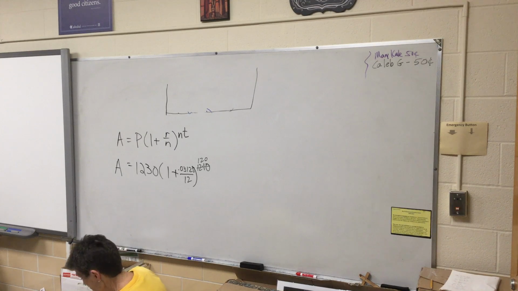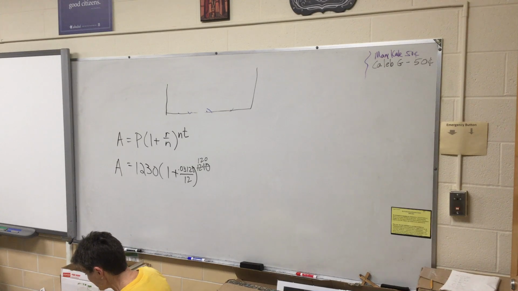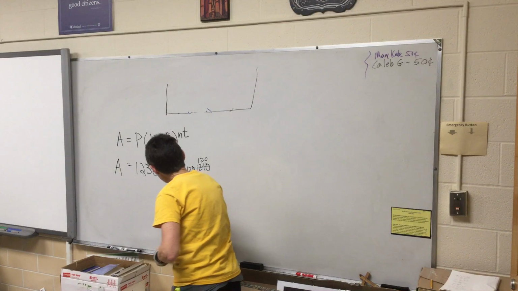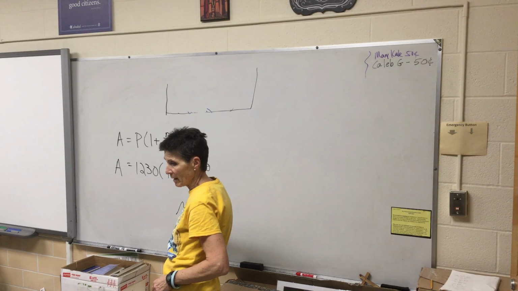So here we go. 1230 parentheses 1 plus 0.03125 divided by 12 close parentheses raised to the 120. And remember, how did you do the raise to 120? You hit this button right here. This is the raised button.